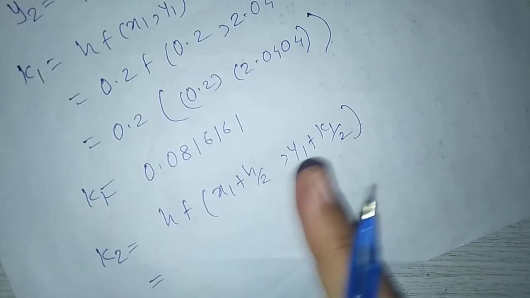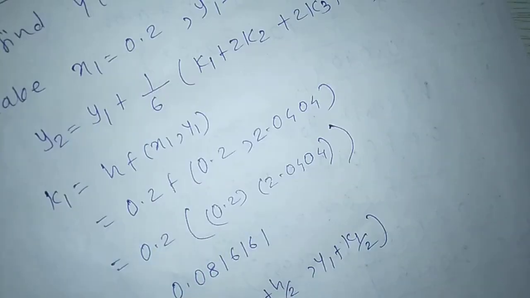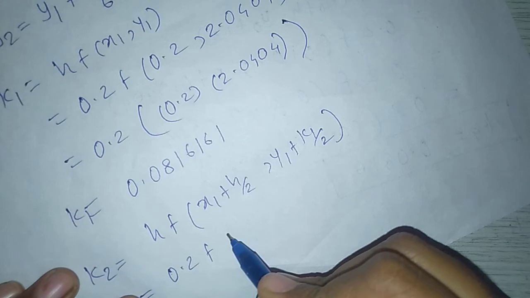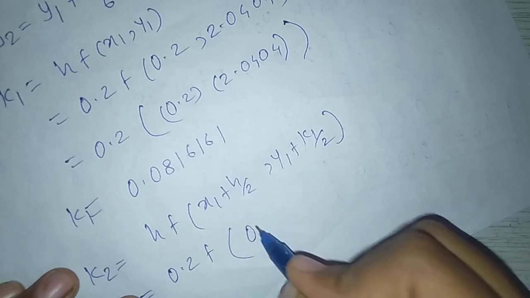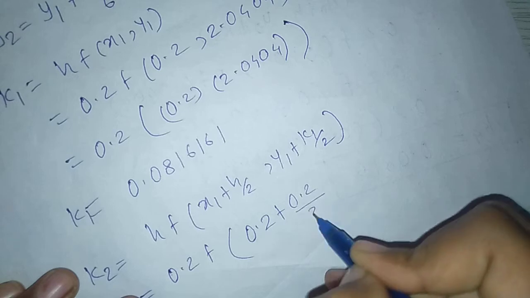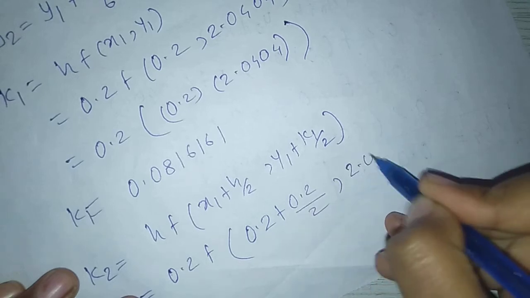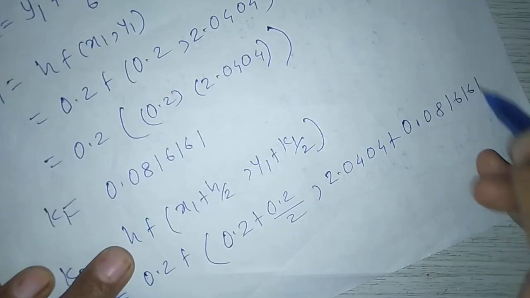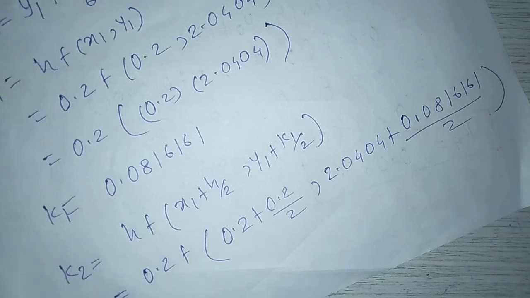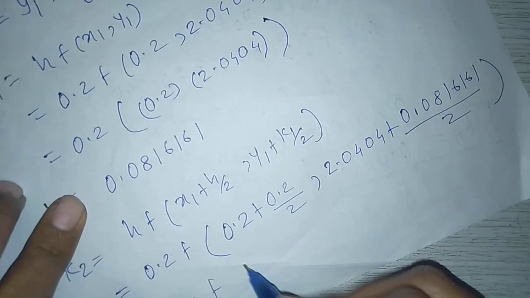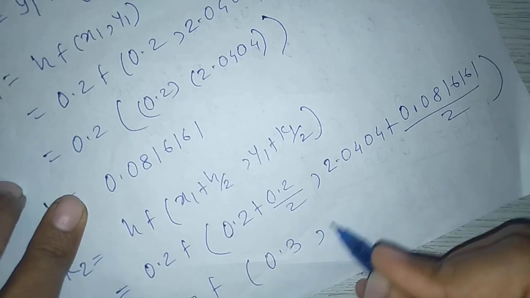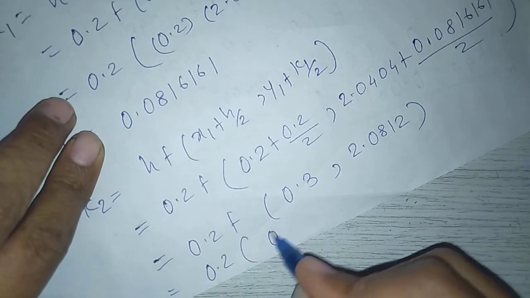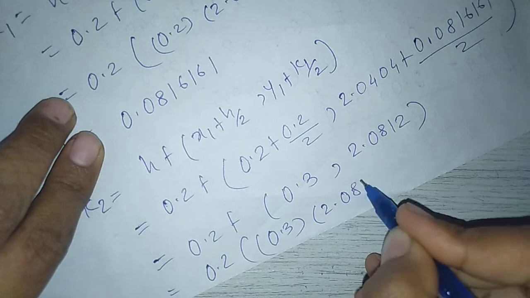k2 equal to h f of x1 plus h upon 2, y1 plus k1 upon 2. Here we take x1, y1 because for y2 the interval starts at x1, y1. h is 0.2, f of x1 is 0.2 plus h upon 2, y1 is 2.0404 plus k1 is 0.0816161 upon 2, equal to 0.2 f of 0.3, 2.0812, equal to 0.2 into 0.3 into 2.0812.